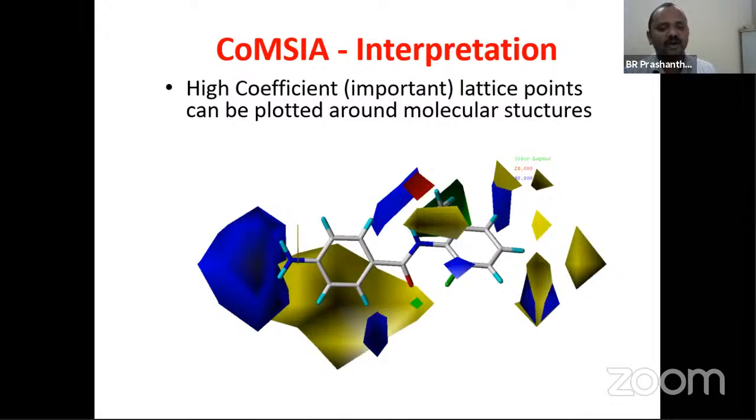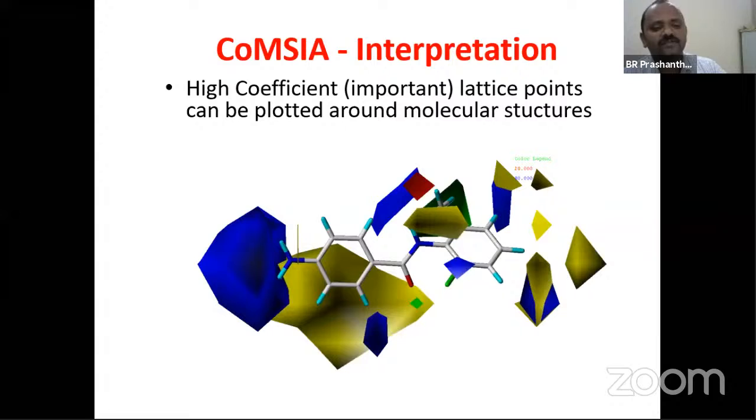Once you apply the statistics, we can identify the right model. We need to optimize the 3D QSAR we have created and get a right model. I'll explain that in the next case study, where I'll take one case study and explain the different parameters we consider in 3D QSAR.